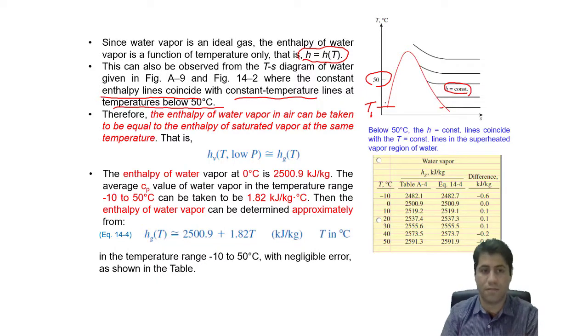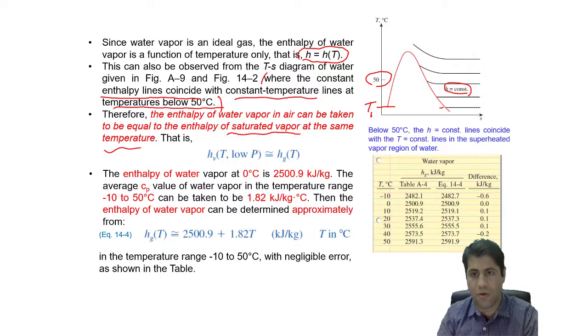And why is it helpful? Because now, with this information, we can say that the enthalpy of water vapor in air can be taken to be equal to the enthalpy of saturated vapor at the same temperature. Okay, so the enthalpy at this point, this line is the saturated vapor line.